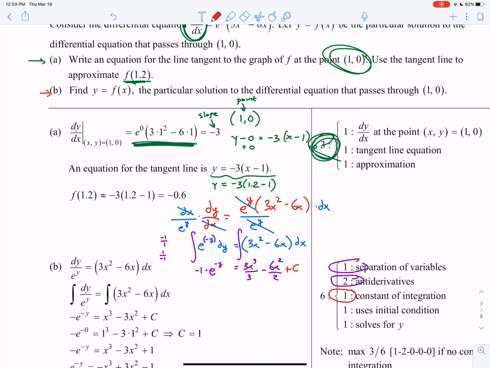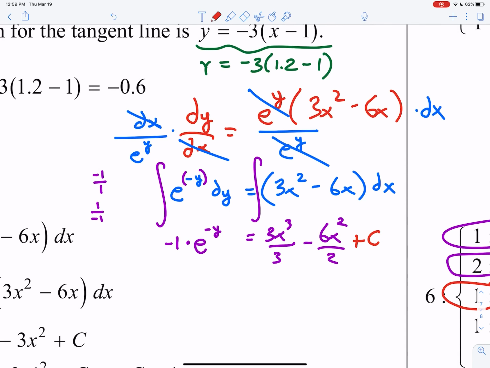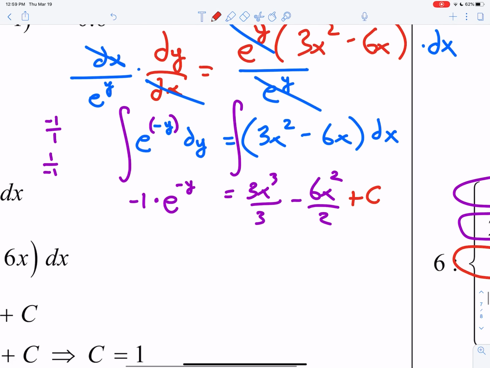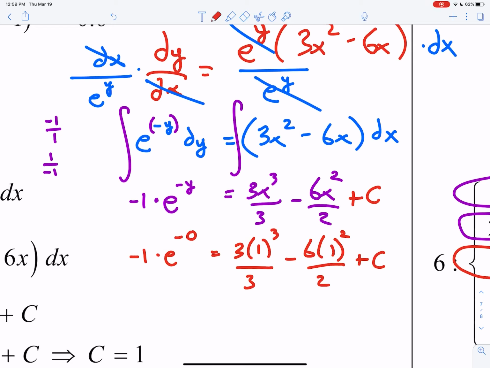Now, the moment you've integrated, you want to find out what c is. They give you a condition. They tell you that it passes through (1, 0), meaning that x is 1 and y is 0. So I'm going to plug that in for you. Negative 1 times e to the negative 0 equals 3 times 1 cubed over 3 minus 6 times 1 squared over 2 plus c. Equal is equal.